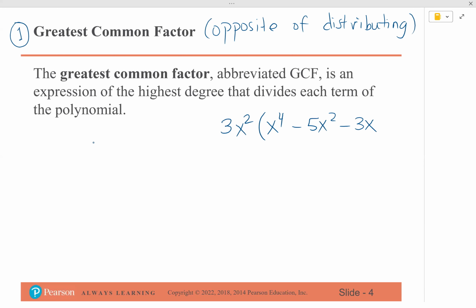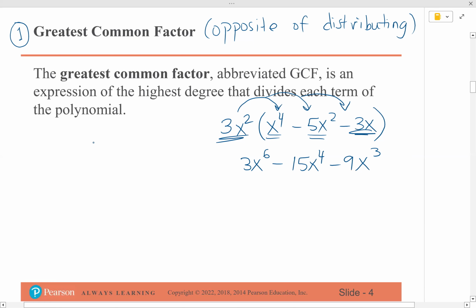And then we distributed it. 3x squared times x to the 4th, and then 3x squared times negative 5x squared, I'm just adding powers here. 3x squared times negative 3x would be negative 9, with powers added together, 2 plus 1 is 3.